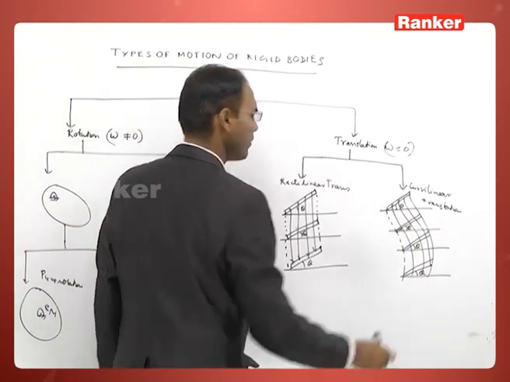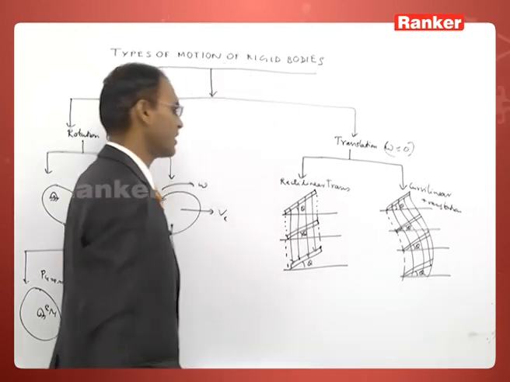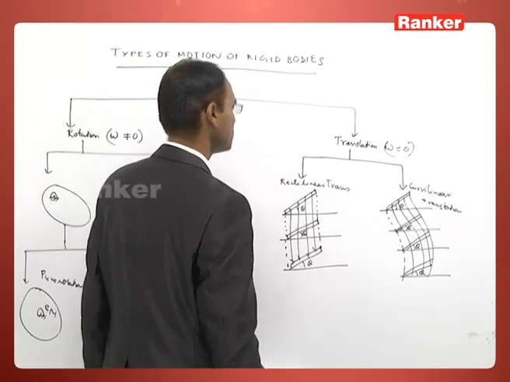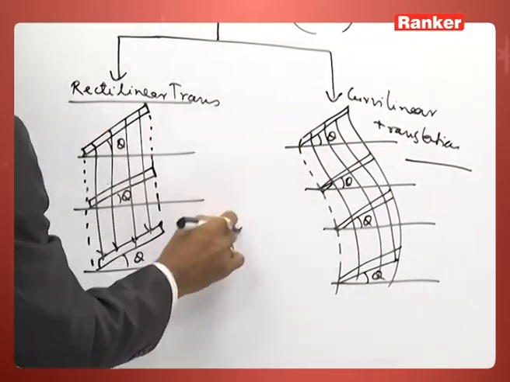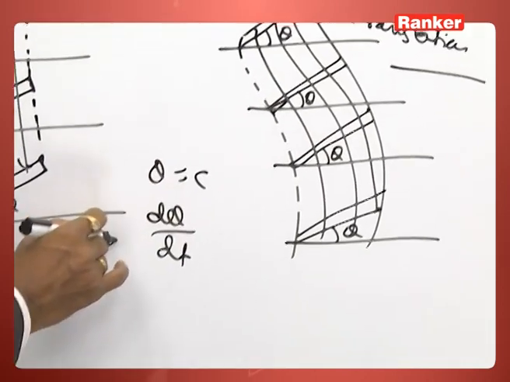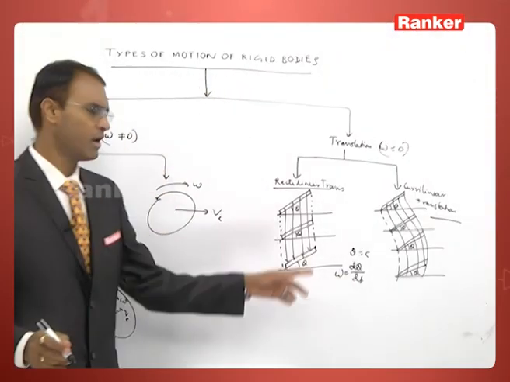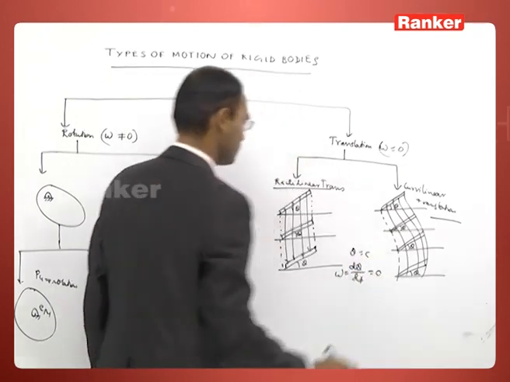Here the points are moving along parallel curved lines. So this is called curvilinear translation, versus rectilinear translation. In both cases theta is constant, therefore d theta by dt, which we define as the angular velocity of the rigid body, is equal to 0.